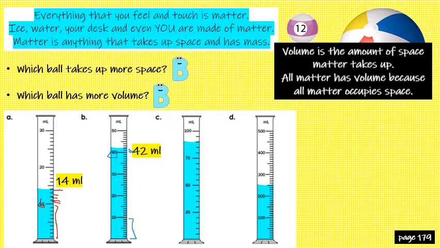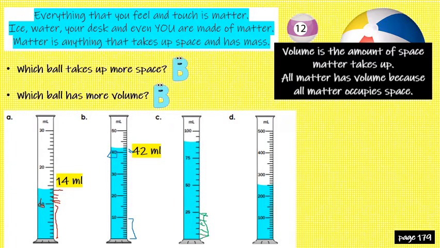Did they use the same scale in the third graduated cylinder? Let's see. Each 5 lines are equal to 25 milliliters. What do you think? Each line is equal to 5 milliliters. Good job. Let's check. 5, 10, 15, 20, 25.